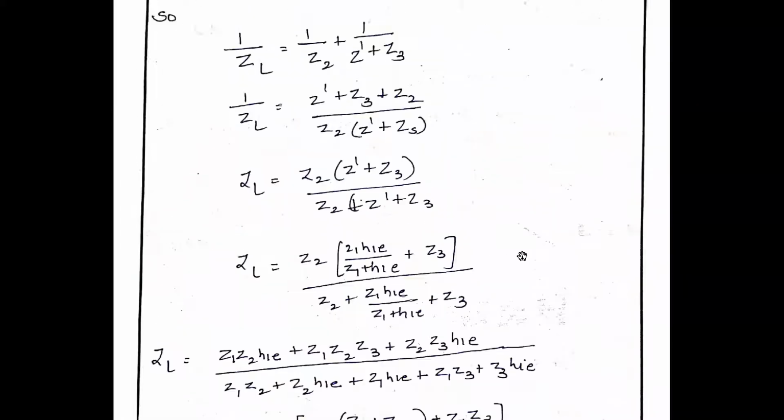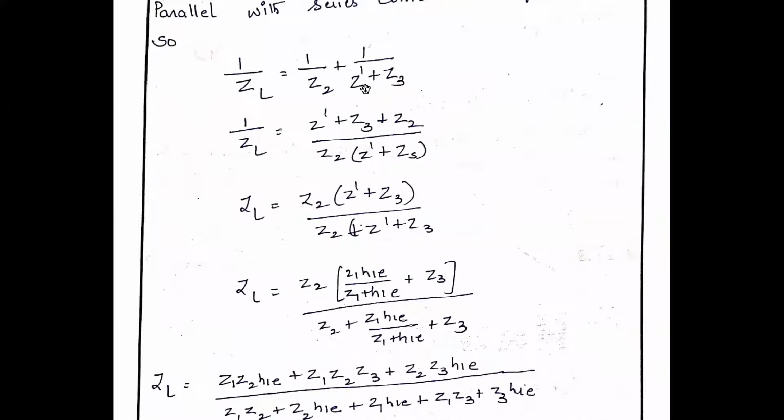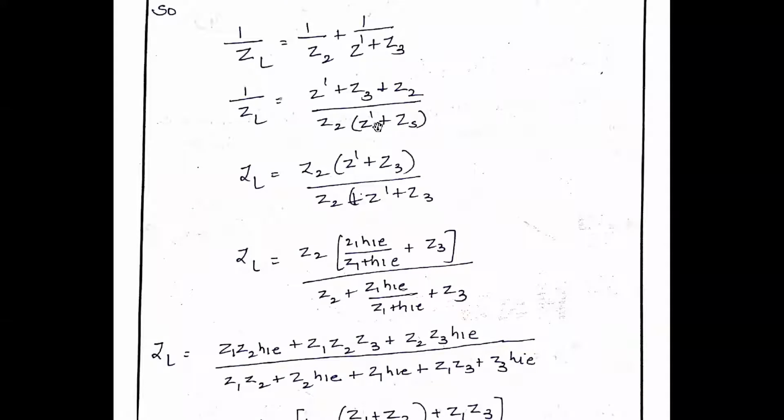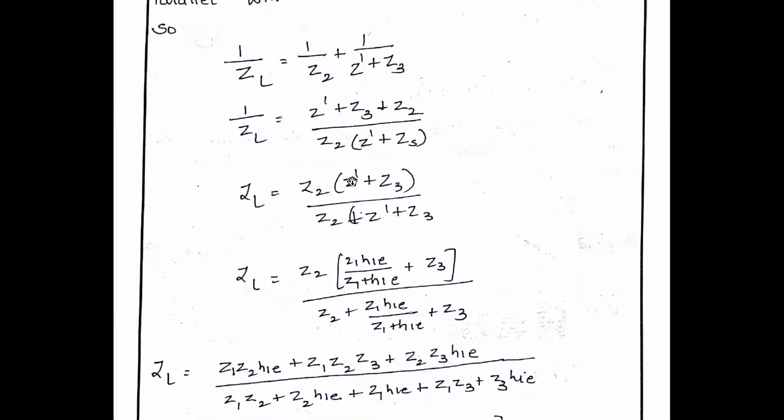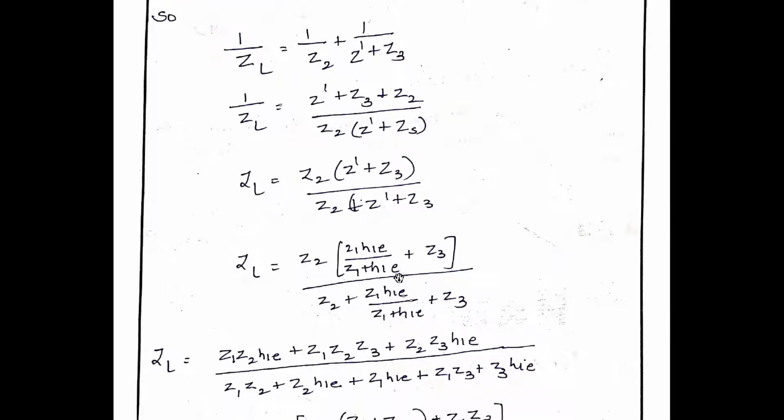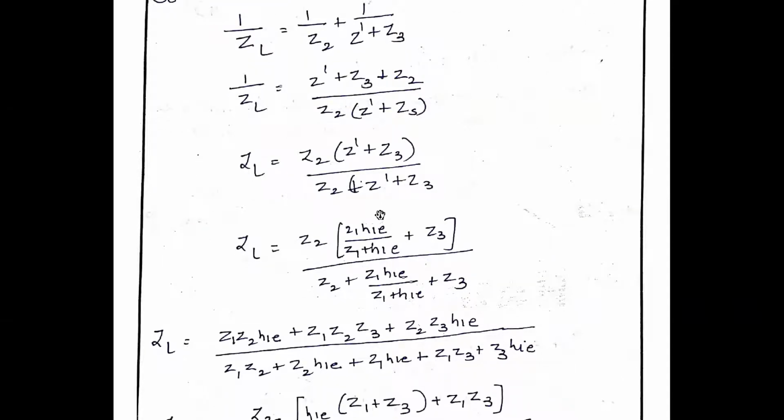After taking the parallel combination, Z dash is nothing but the parallel combination of Z1 and hie. Z dash appears in two places, so we replace Z dash with Z1 hie by Z1 plus hie in both places.